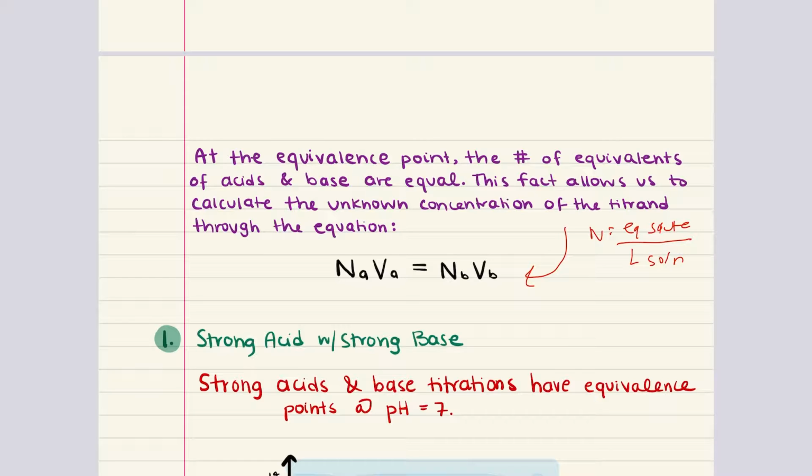Now, it's also important to distinguish between the equivalence point and the endpoint in titration. The equivalence point is the theoretical point where the number of moles of titrant added equals the number of moles of analyte present, indicating a complete reaction.